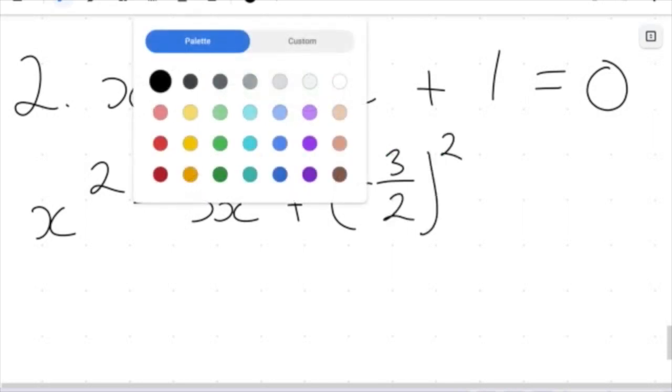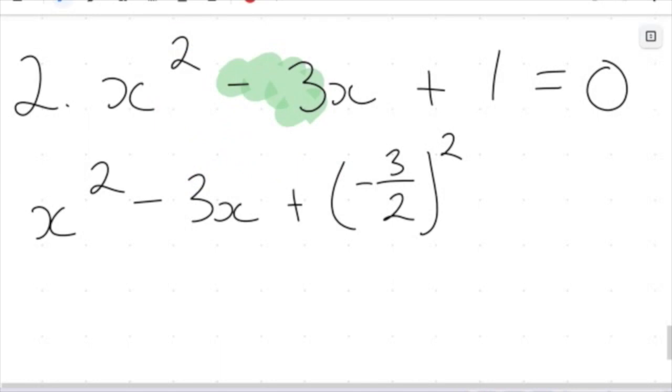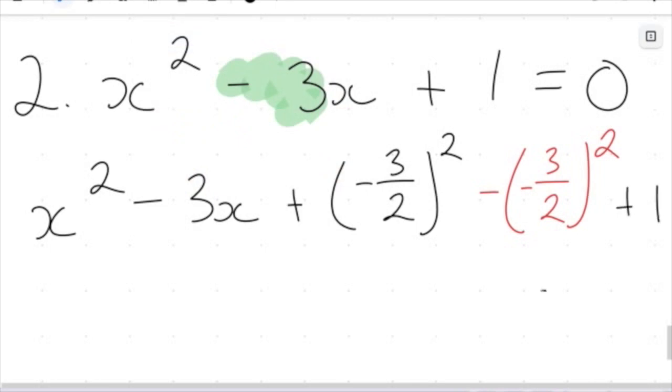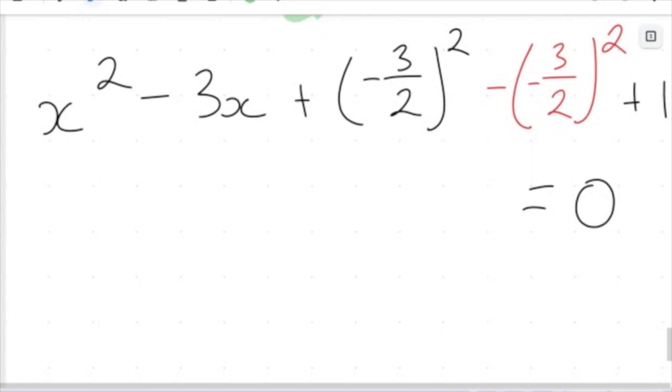And remember, since I've just pulled this out of nowhere, I need to subtract that in order to make my second line of my equation the same as this first one. So I want to leave everything preserved still. I can't just add this thing here and then make something brand new. I need to subtract this once again, but I'm just doing a little bit of mathematical manipulation here.